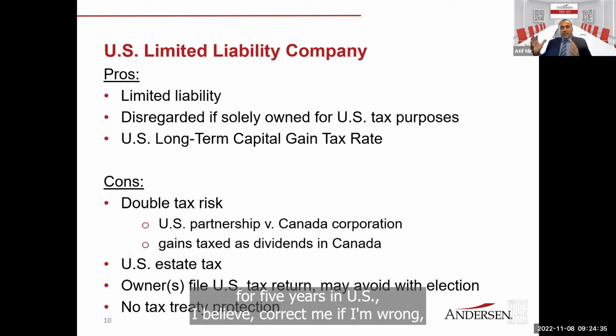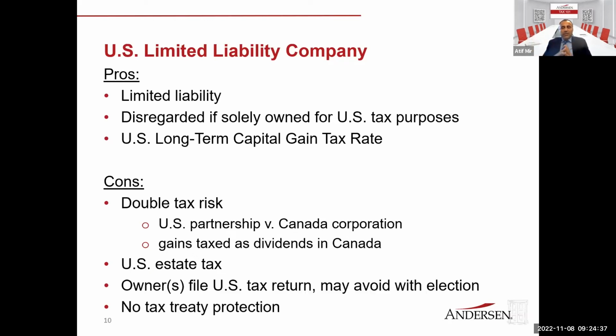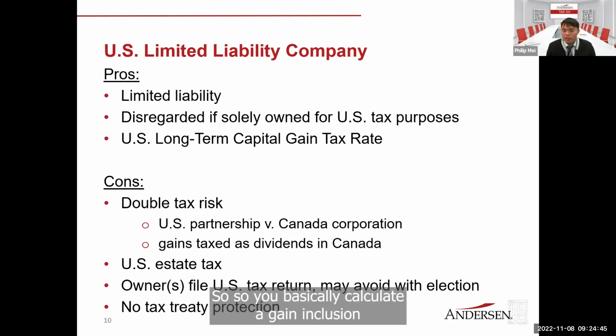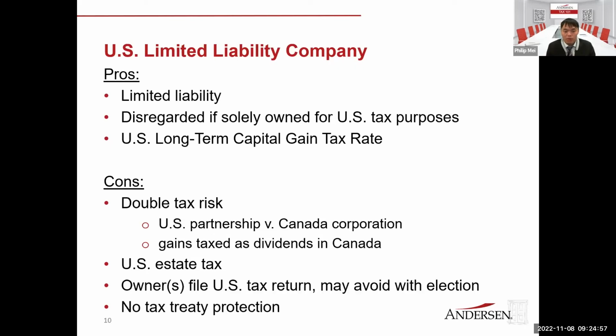In the US, I believe, correct me if I'm wrong, Philip, you'd only pay the capital gain tax when the proceeds are received. Correct. So you calculate a gain inclusion depending on the percentage of proceeds you receive. So if you're going to receive 10% of the proceeds every year for the next 10 years, then 10% of the gain is taxable. Thank you.